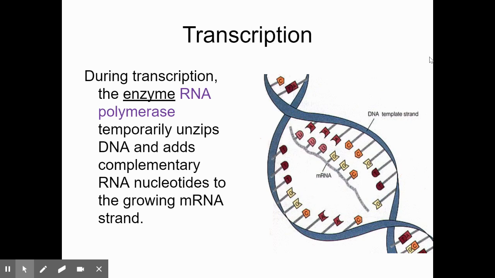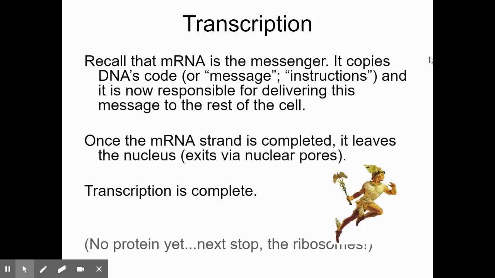And there's a very special enzyme known as RNA polymerase that's going to temporarily unzip our DNA, and it's going to add complementary RNA nucleotides to create our mRNA strand, which eventually is going to travel out of the nucleus to the cytoplasm of the cell at a ribosome. Okay, so just note, remember it's mRNA that acts as the messenger because it's holding the code. It has the instructions.